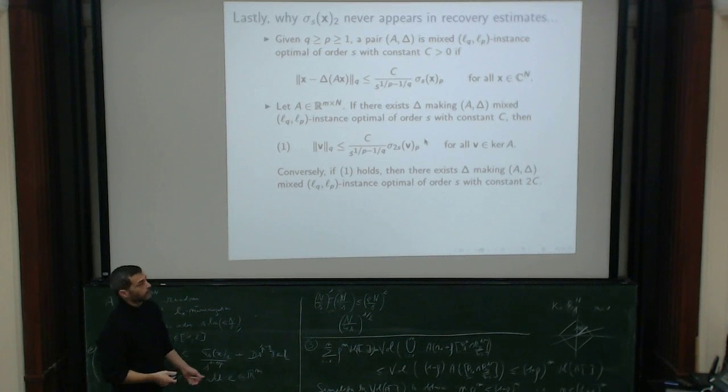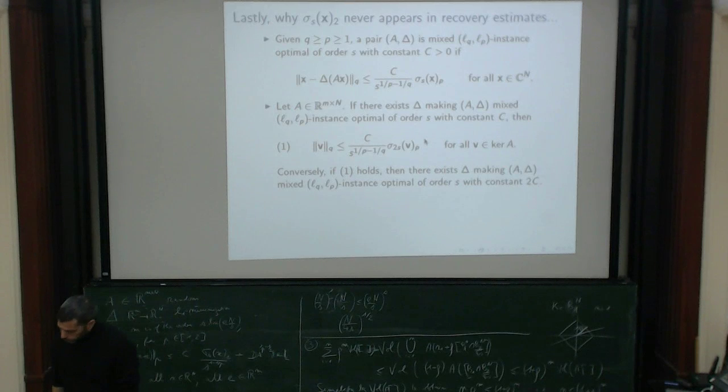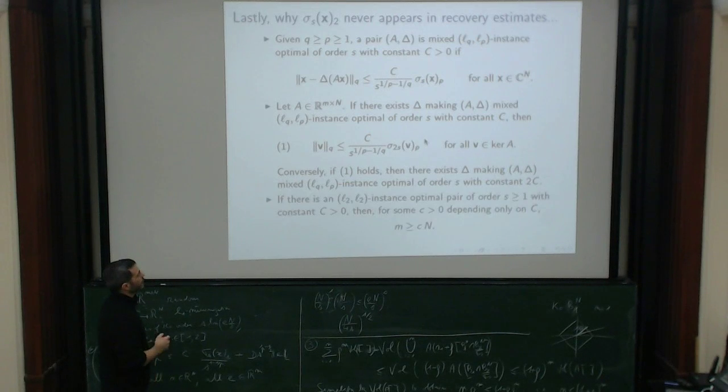And recall that given A, the fact that delta 1 provides you a stable recovery is also just a property of the null space of A. All right. So I'm not justifying that, but I'm going to use it for the following claim.